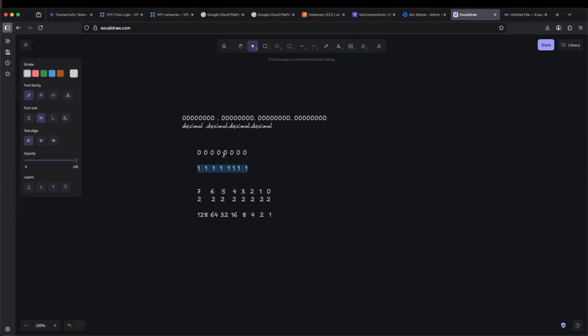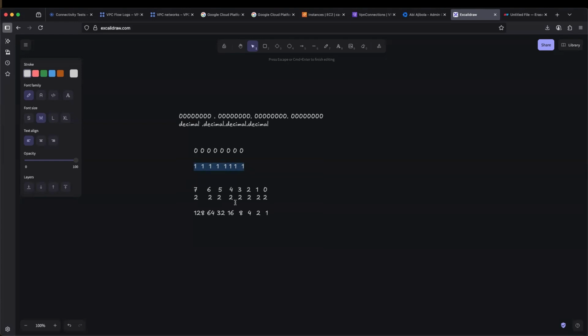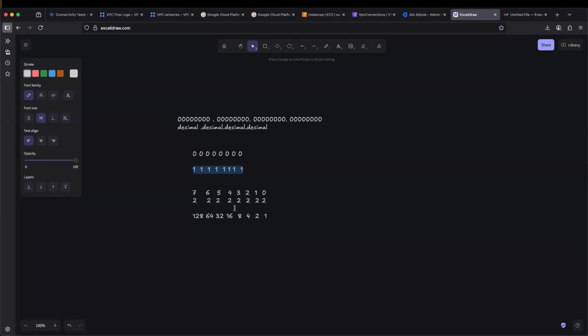Since we have 8 bits in an octet, they are numbered from 0, 1, 2, 3 up to 7. And we know that binary is base 2, so we have 2 raised to the power of 0, 2 raised to the power of 1, 2 raised to the power of 2, and so on. 2 raised to the power of 7 is 128, and 2 raised to the power of 6 is 64, up to 2 raised to the power of 0, which is 1.